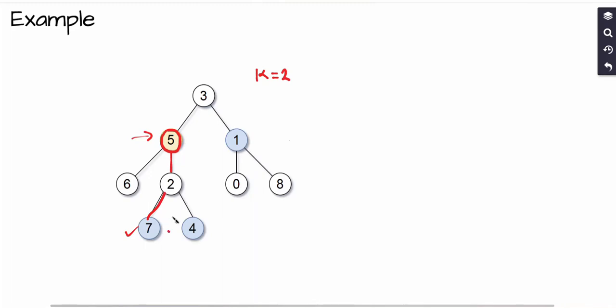Here 1, 2, 4. This is also a valid node, and this one is also two units away from the target. Hence, the set of values for this particular test case would be 7, 4, and 1, and that's the answer for this particular binary tree.